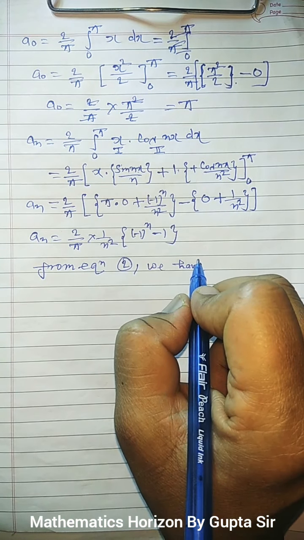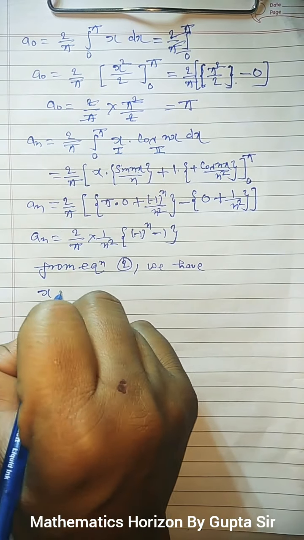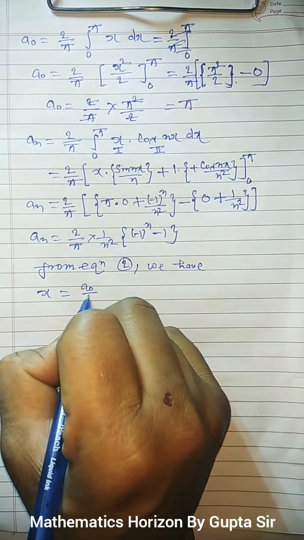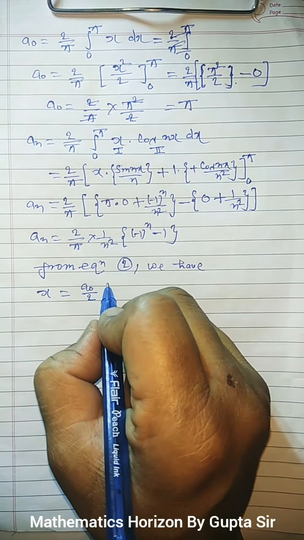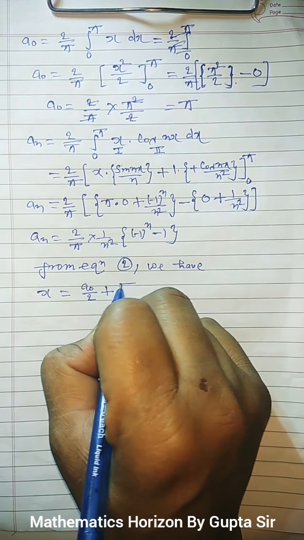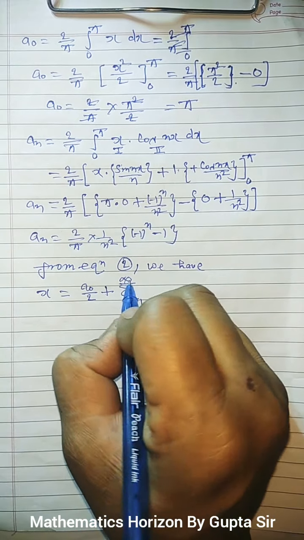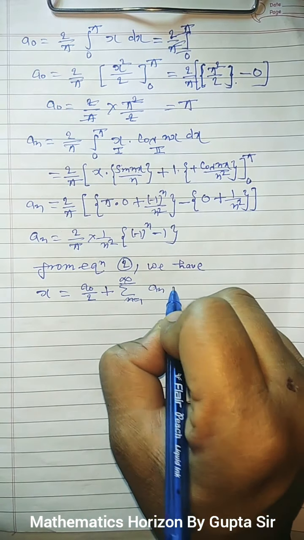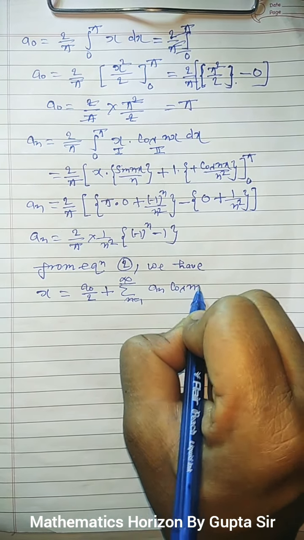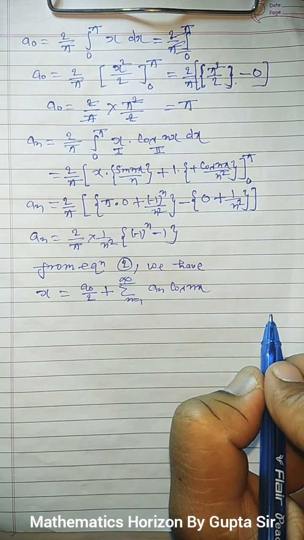Equation 2 means we have x equal to a0 by 2 plus summation n equal to 1 to infinity an cos nx.